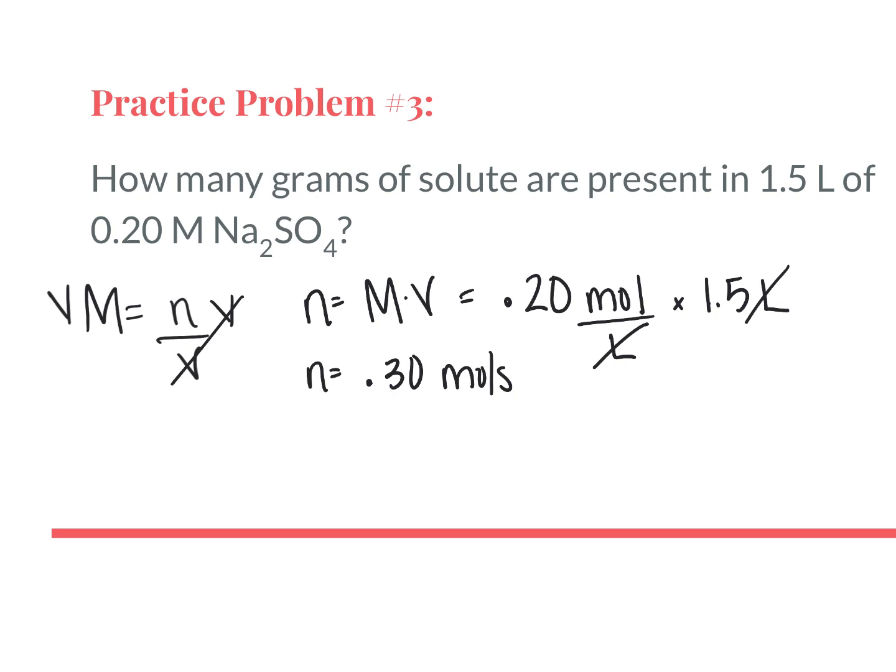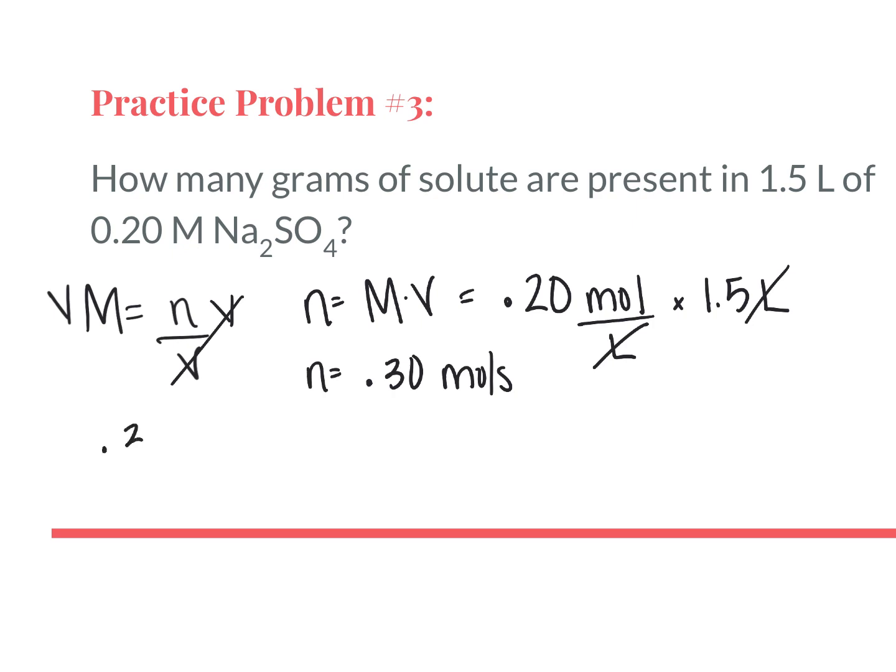Are we done? No. What's it asking for? Grams. Let's talk about reality. Why do we have to go to grams? If you need 0.3 moles of Na2SO4, does the balance tell you when you get to 0.3 moles? No. What unit does the balance give you? Grams. So when we're in the solutions unit, it's almost always grams.